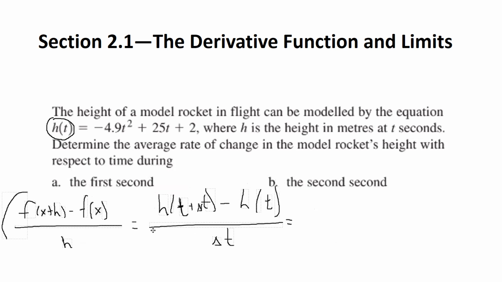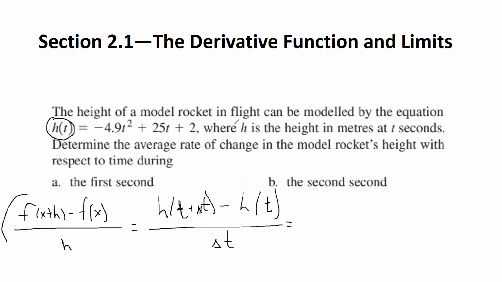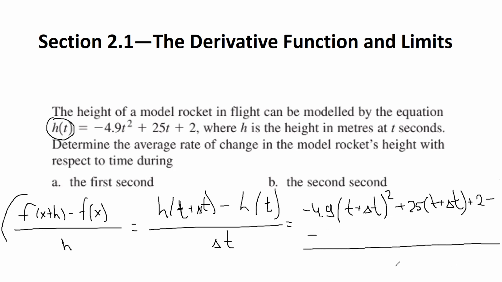Negative 4.9 times (t plus delta t) squared plus 25 times (t plus delta t) plus 2, subtract the same equation. Sorry, I just transferred it in a weird manner. No, that's fine.